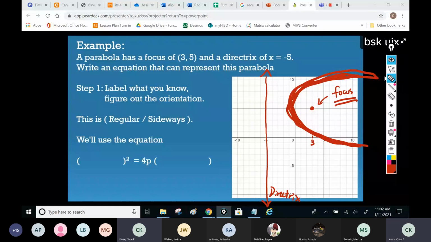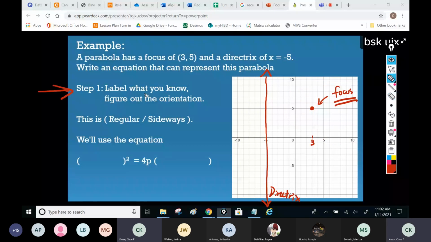Sideways and opens right also gives you a clue that p is going to be positive. Just from these 2 pieces of information, you already get so much out of it.